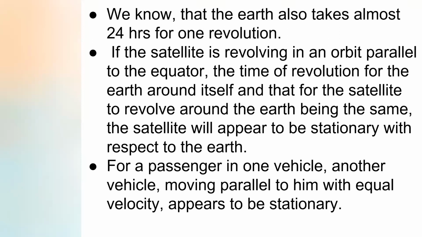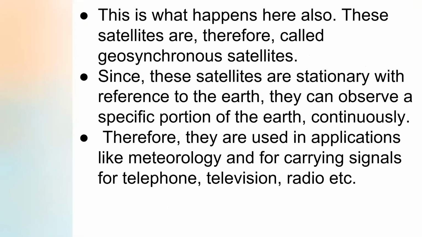Example: for a passenger in one vehicle, another vehicle moving parallel to him with equal speed appears to be stationary. We saw this example yesterday. If two vehicles are going with the same speed, a person sitting in one vehicle will see the other vehicle as stationary, because they are both moving with the same speed. This is what happens here also.